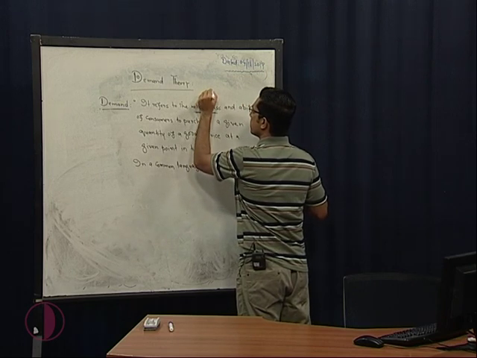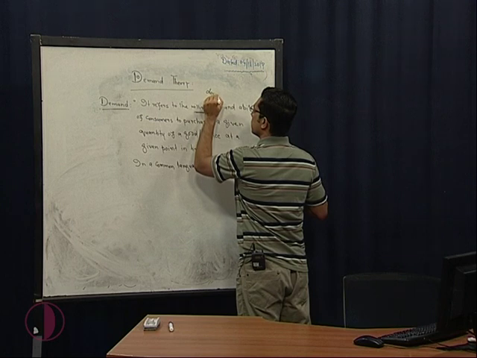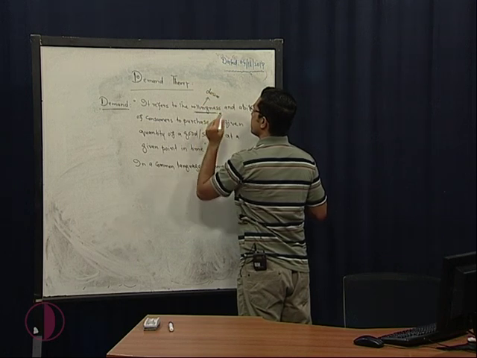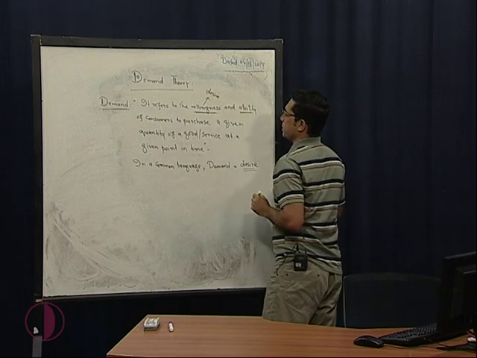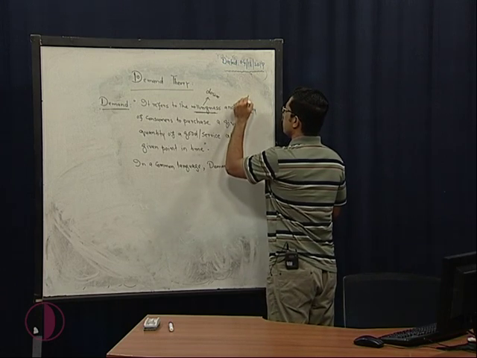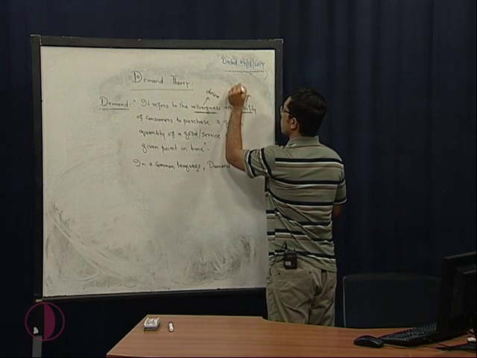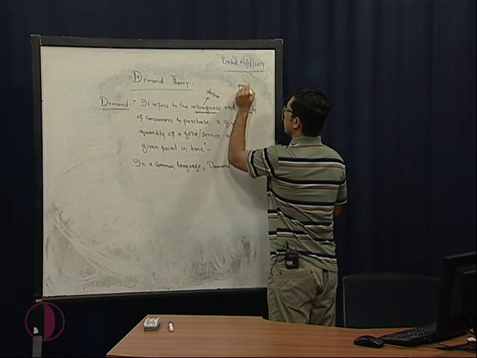Willingness means desire to get something, but ability means purchasing power.